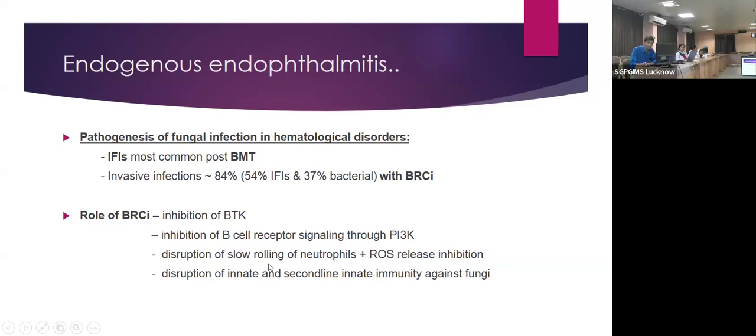And this means disruption of innate immunity as well as second line innate immunity against fungus. And those are the main pathways reported or studied so far as these signal inhibitor drugs are coming into fashion.